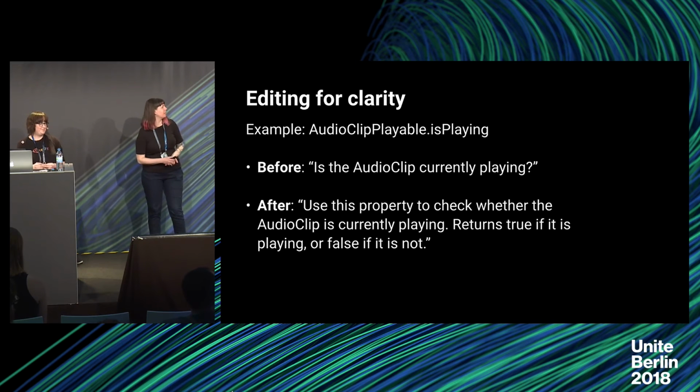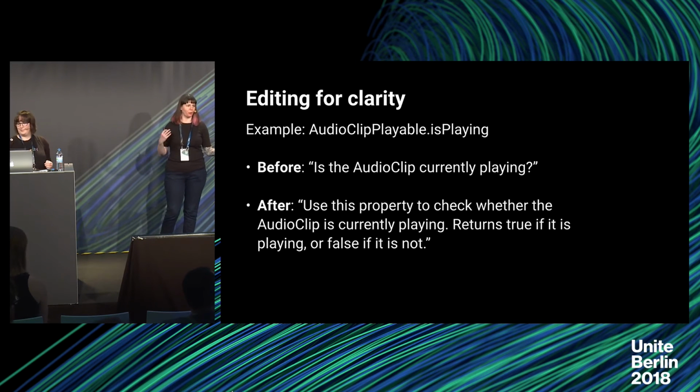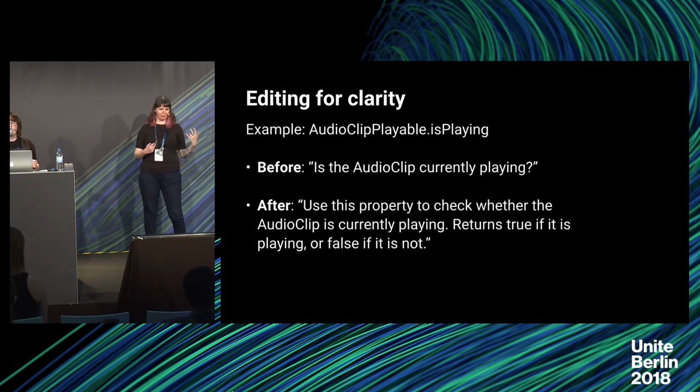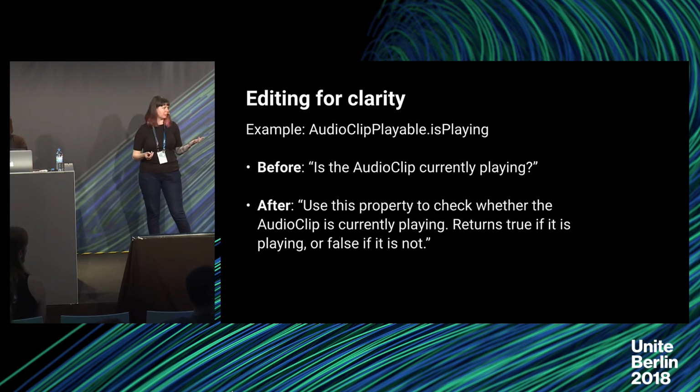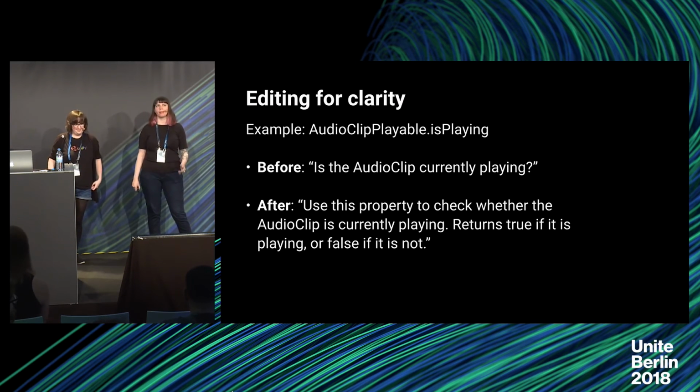So here's a quick example of editing for clarity. This is from an older version of the scripting API documentation for the property audio clip playable is playing. The old content here simply said, is the audio clip currently playing?